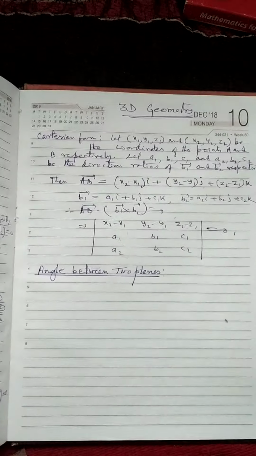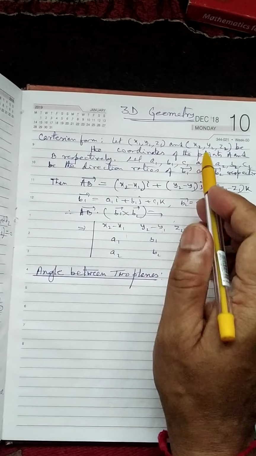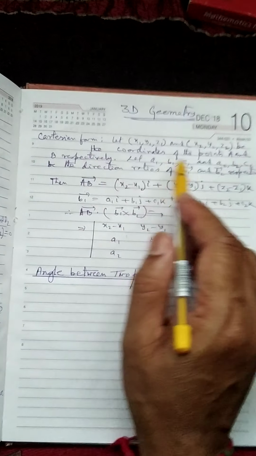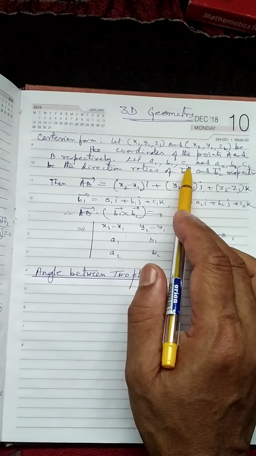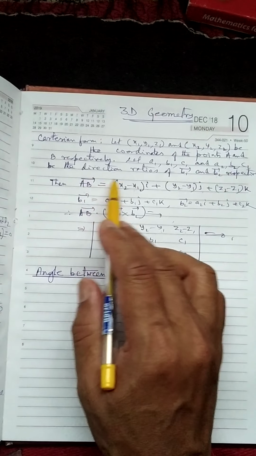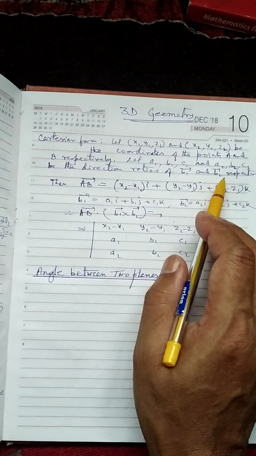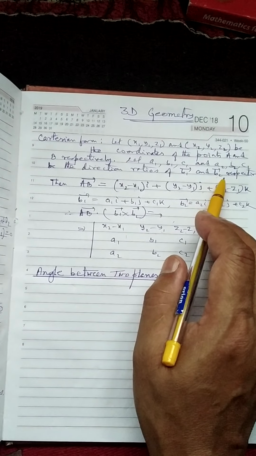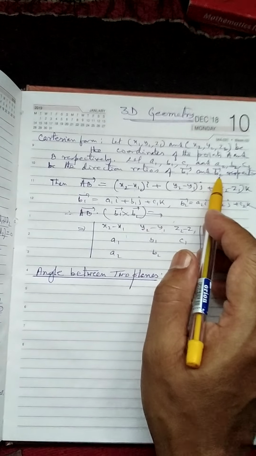In Cartesian form also we are doing this. Let x1, y1, z1 and x2, y2, z2 be the coordinates of the points A and B respectively, and a1, b1, c1 and a2, b2, c2 are direction ratios of b1 and b2. We have taken two lines, one is r equal to a1 plus lambda b1 and the other is r equal to a2 plus lambda b2.